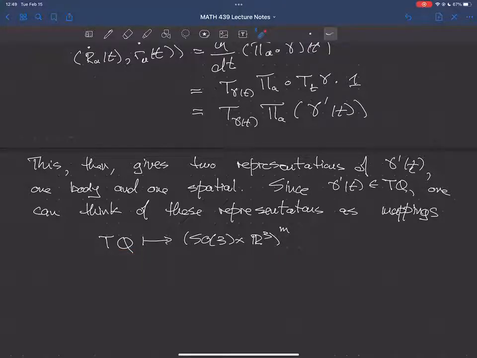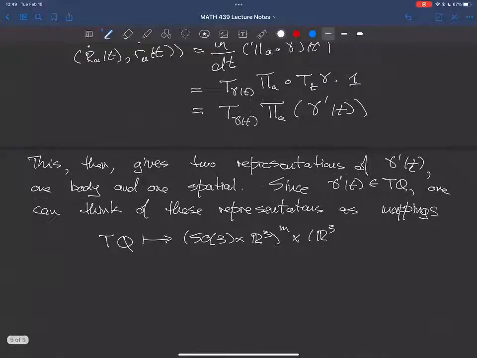Then I need the velocity part, and the velocity part again is going to have these two representations, body and spatial, but they look the same. They look like R3, which is the angular velocity, and then R3, which is the translational velocity.